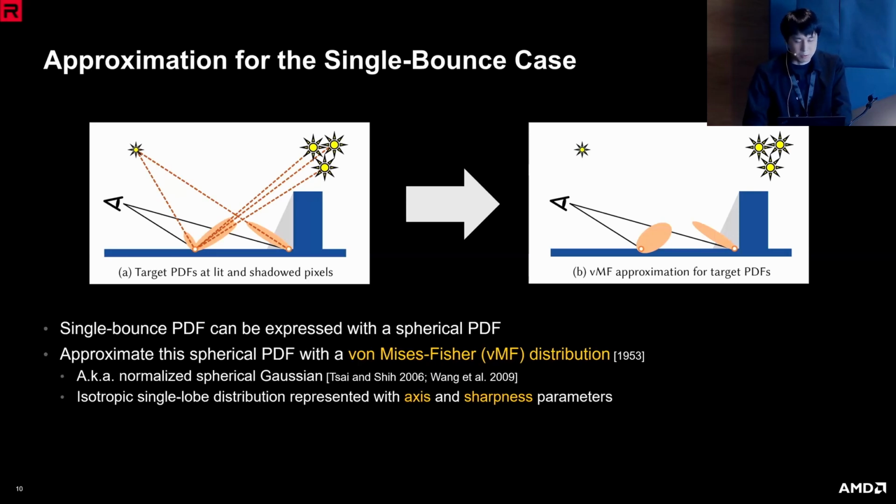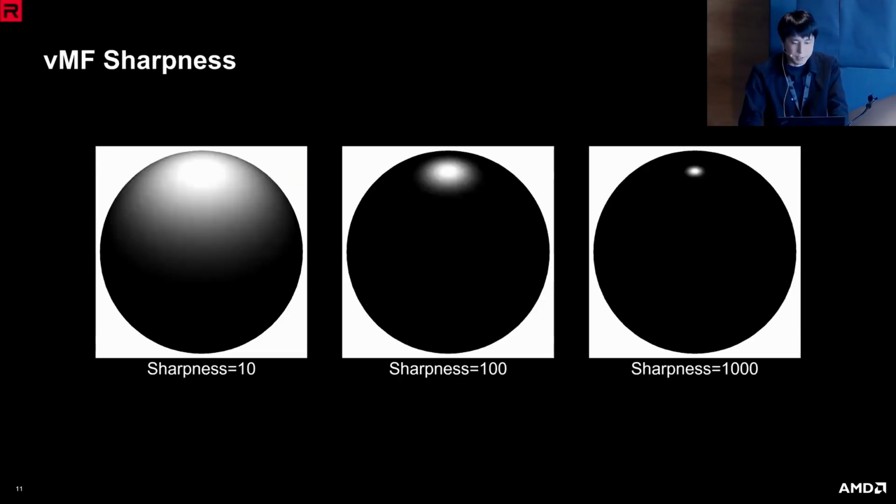For single bounce path connections, the PDF can be expressed with a spherical PDF at the shading point. We approximate this spherical PDF with a von Mises-Fisher distribution, which is a normalized spherical Gaussian. This VMF distribution is an isotropic single lobe distribution represented with axis and sharpness parameters. This is a visualization of VMF lobes with different sharpness parameters.